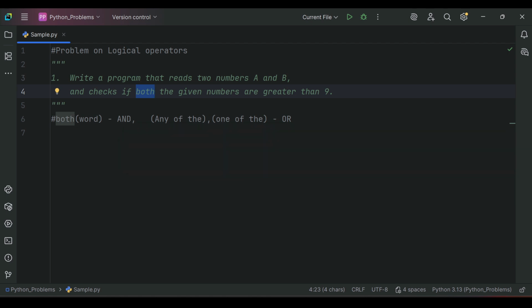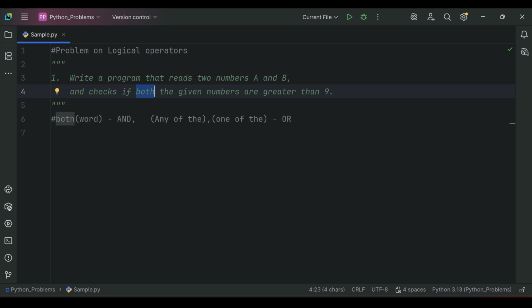If the word or, any, or one of came, that problem will be applicable for the logical or operator. And this is applied for the final conditions. First, in the given problem, we take inputs.